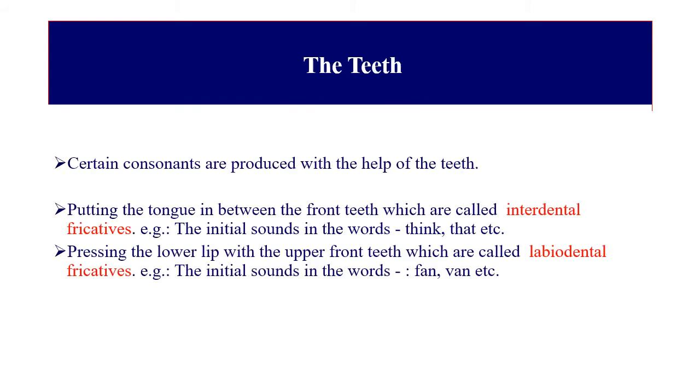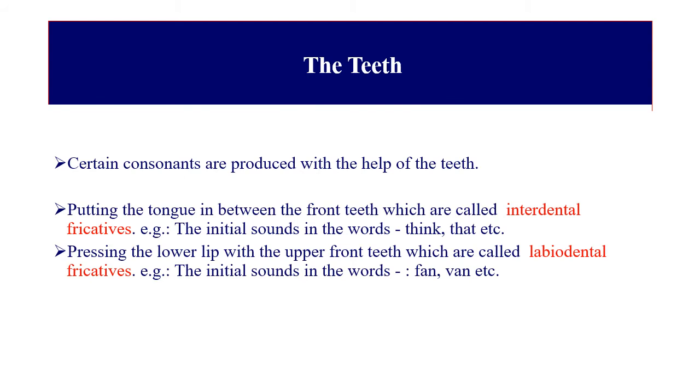Then after lips there are teeth, and we produce some consonant sounds with the help of teeth. For example, by putting the tongue in between the front teeth, the sounds which are produced are called interdental fricatives, like the initial sounds in the words think and that, meaning the sounds th and the are the interdental fricative sounds, and they are produced by putting the tongue in between the front teeth.